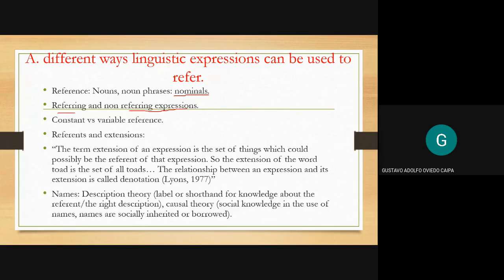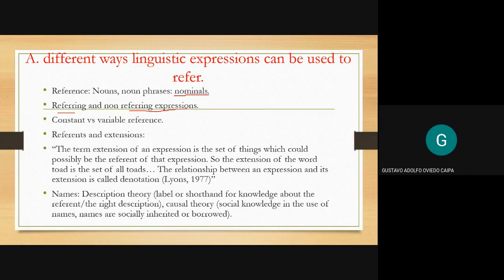So if I say a colonoscopy is a procedure that tries to identify diseases in the colon, right, in the bowels, in the intestines, when I say a colonoscopy, in that case, I am not using a referring expression because I am not trying to connect with anything specific in the world.